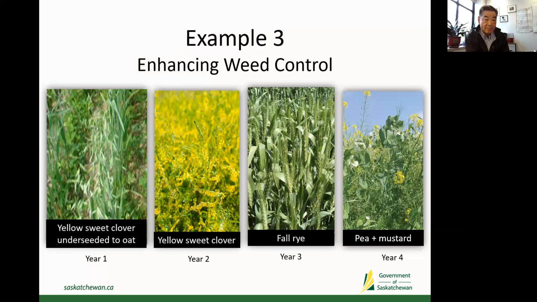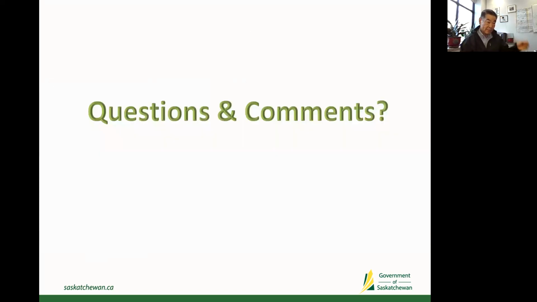In the meantime, the pea would help mustard to gain more phosphorus, because pea would be able to mobilize phosphorus in the soil, which can make the unavailable phosphorus become available to mustard.